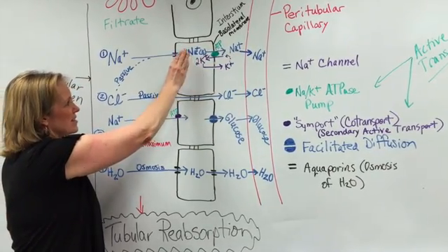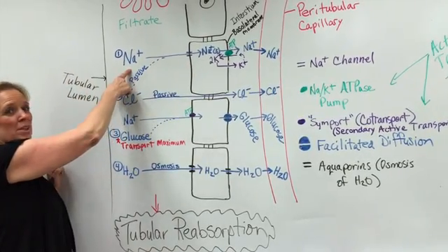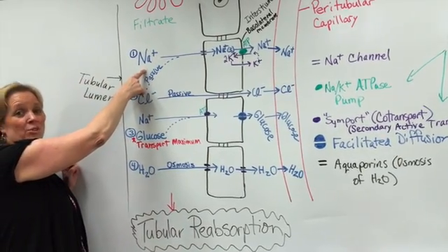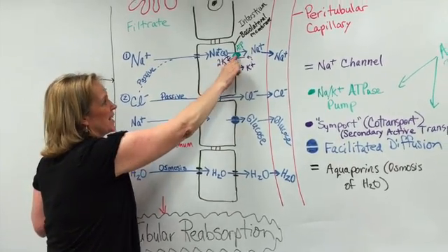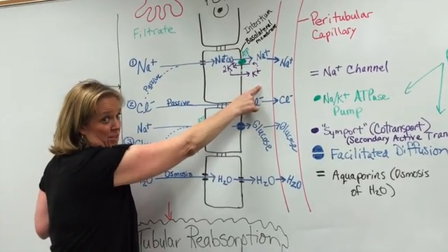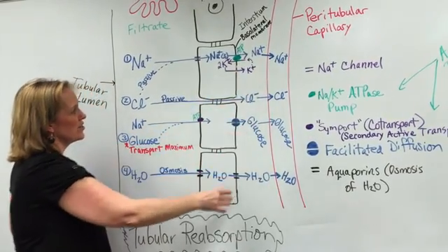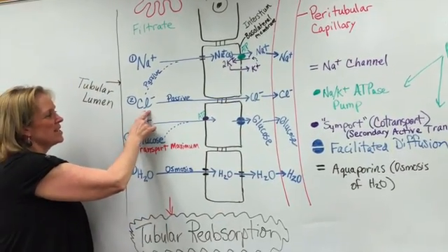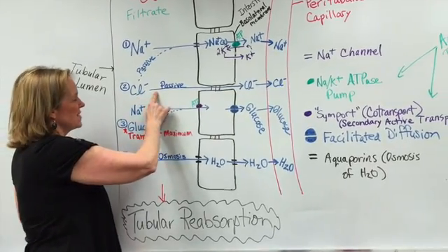So this cell is depleting the interior of sodium, which drives the reabsorption on the tubular lumen side. Sodium moves into the cell, then it actively gets pumped into the interstitium. Okay? As those sodium ions build up in the interstitium, it sets up conditions for chloride ions to move passively.